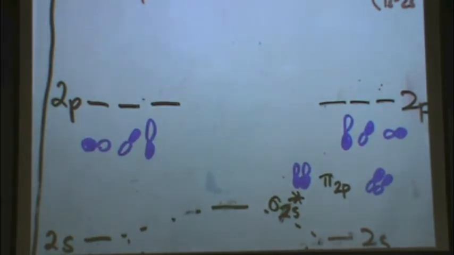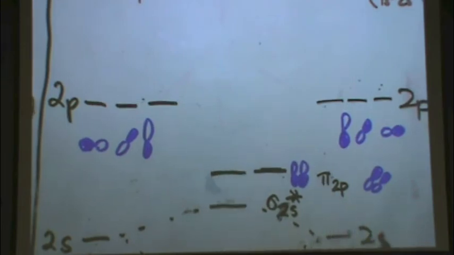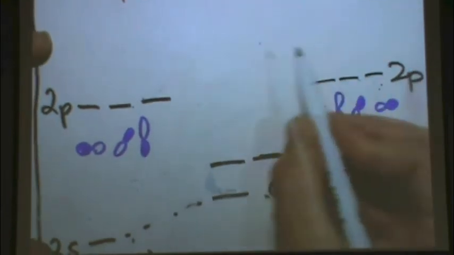Okay? So these two, I'll draw this in black, have the same energy level. So I'm going to put 2 at the same energy. 2 at the same energy. Okay? Now let me draw the antibonding version of those up here.